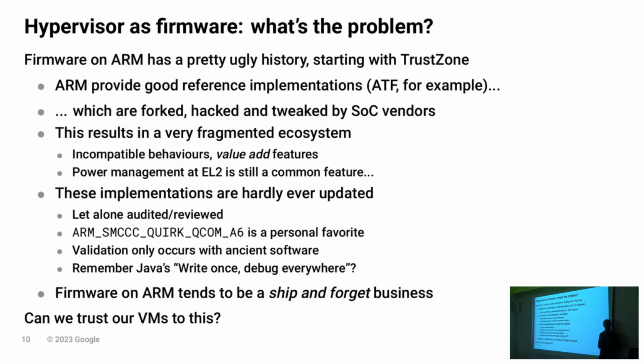A lot of the problems with this is that the SoC vendors fork it, they hack it up, and we wind up with just this massive ecosystem of a whole bunch of different varieties, and there's no reason to believe that the RMM would be any different. So the vendors are also trying to squeeze in a lot of value adds into the secure world, like the DRM, like I was mentioning, and it's really difficult for the kernel to adhere to something that's architectural at that point.